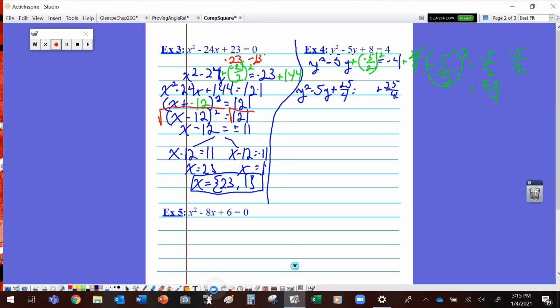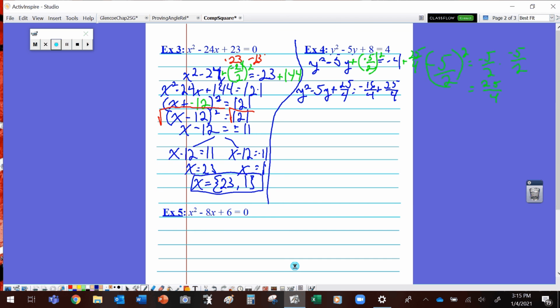In order to add those together, I need to have the same thing under both the 4 and the 25. Okay, so if I have negative 4 and I want to write that with a common denominator, that'll be negative 16 over 4. Okay, negative 16 divided by 4 is negative 4. They're the same thing, they just look a little bit different.